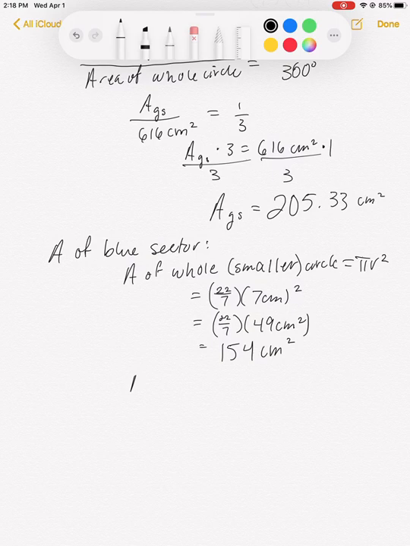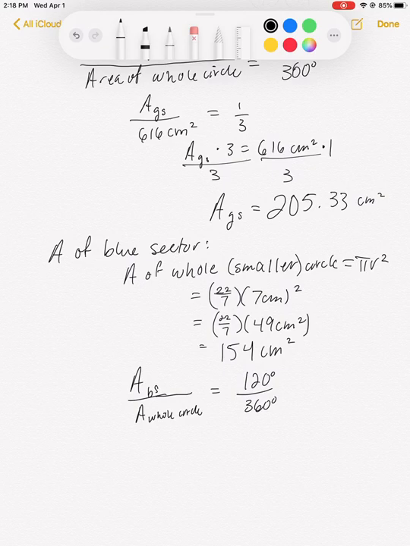Okay. Now the area of the blue sector is part of the area of the whole small circle, and we're going to set up a proportion. Area of blue sector over area of circle is equal to the same proportion of 120 over 360. Okay, the central angle is still the same.